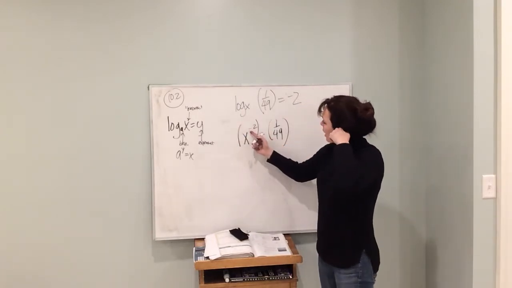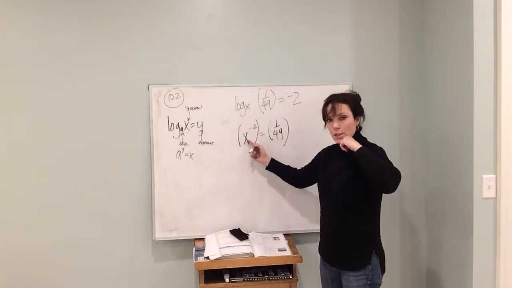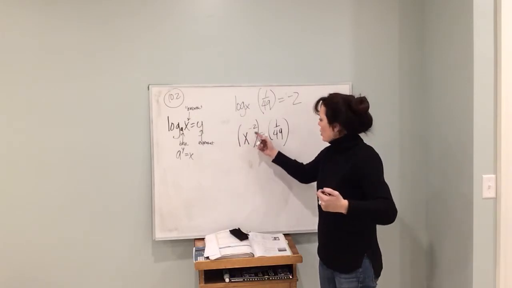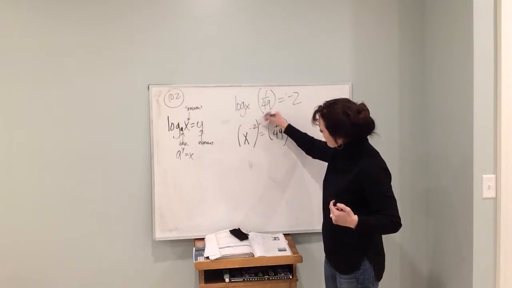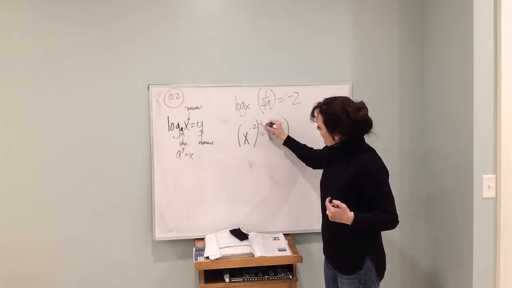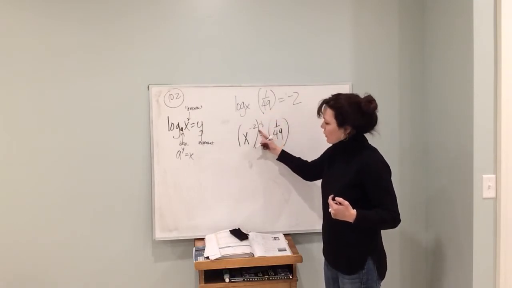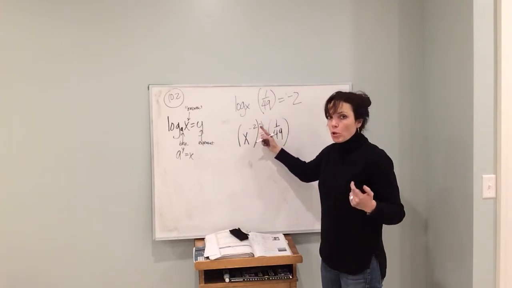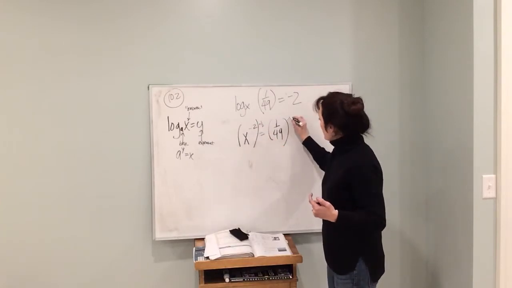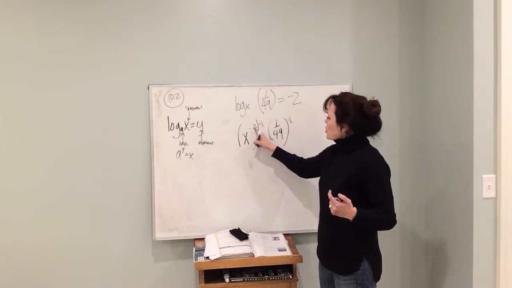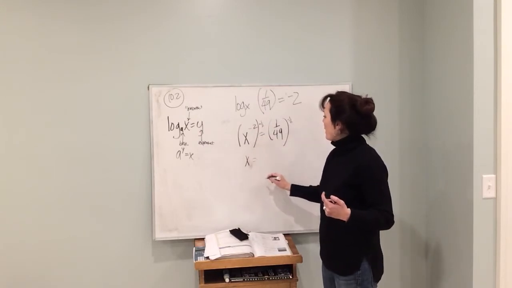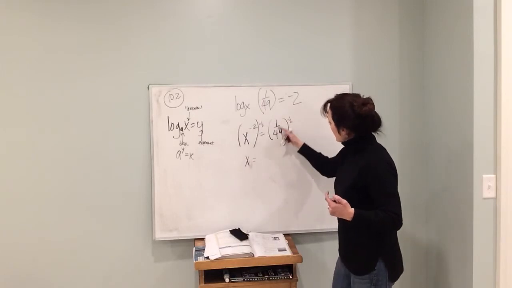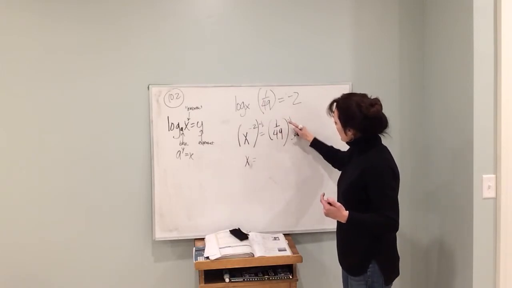All right, so I want to make this just x to the first power. I want to know x. So how would I get rid of this negative 2? I could multiply it by a negative 1/2. The way that I would multiply exponents together is to power both sides by a negative 1/2. So negative 2 times negative 1/2 is going to be x to the 1 power. And then this to the negative 1/2, let's apply just the negative for now.